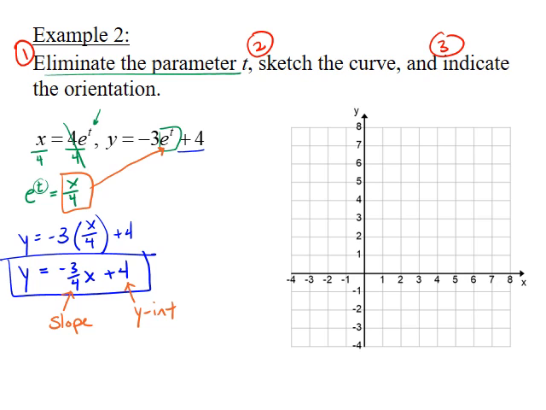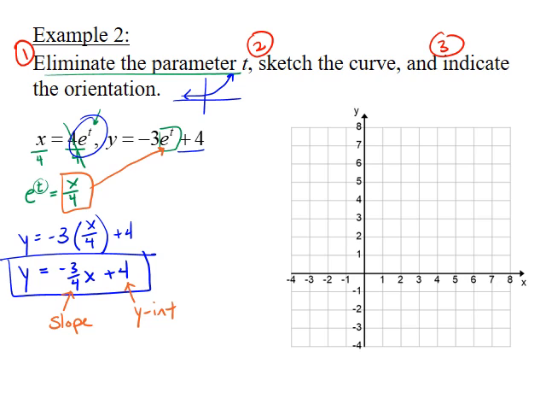Now we do want to address the domain. Up here, if I have an equation of e to the power of t, e to the power of t looks something like this, which means no matter what, we are always going to have positive values.